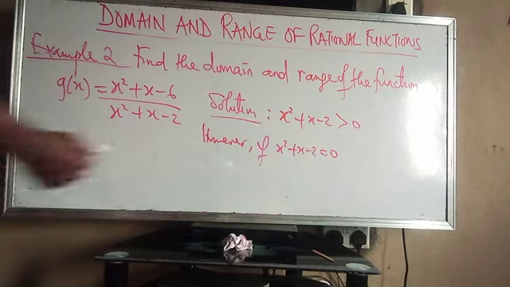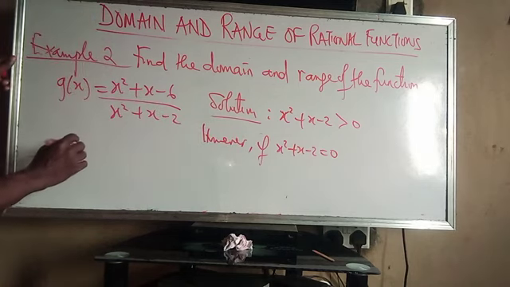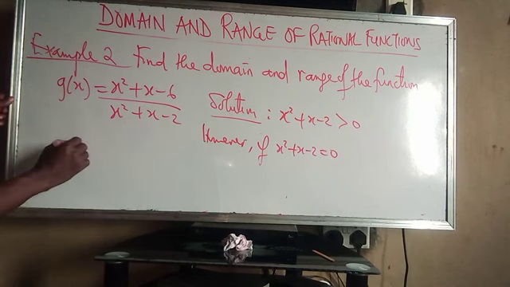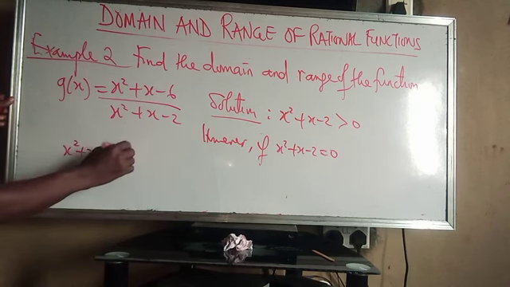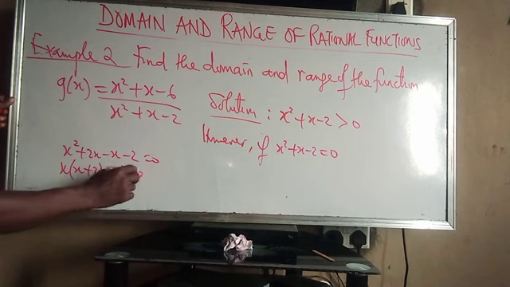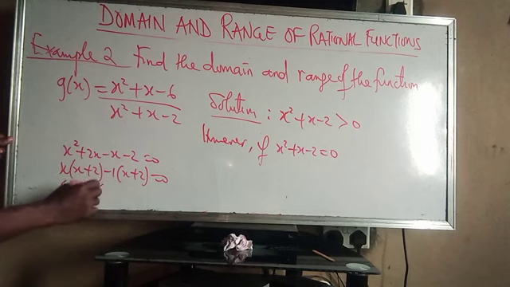So we can factorize this expression. We factorize, we have x squared, let's say I'm looking for minus x plus 2x minus 2 equals 0. So x into (x plus 2) minus 1 into (x plus 2) equals 0. So (x minus 1)(x plus 2) equals 0.